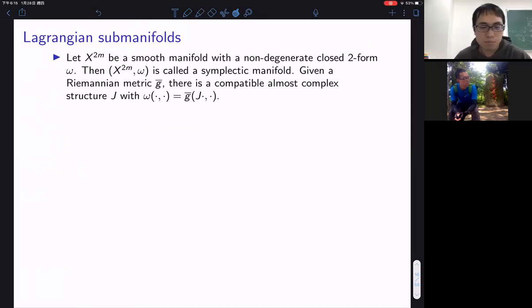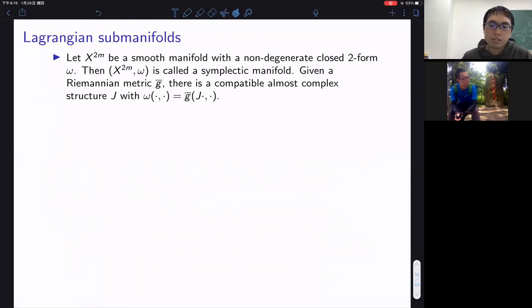Okay, so next I will talk about Lagrangian submanifolds, since I will study the Lagrangian translators. Lagrangian submanifolds are submanifolds of some symplectic manifolds. So I will start with an introduction to symplectic manifolds. Let X^{2n} be a smooth, even dimensional manifold, together with a non-degenerate closed two-form omega.